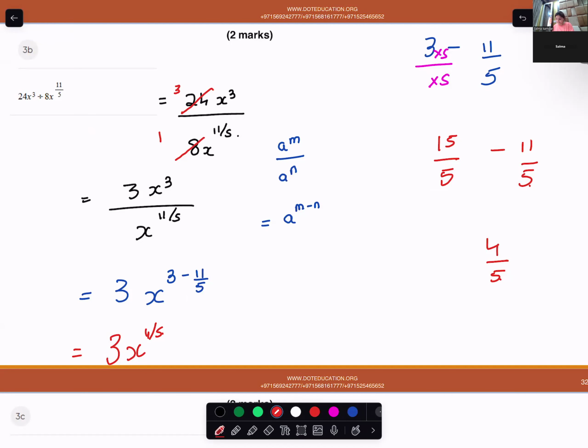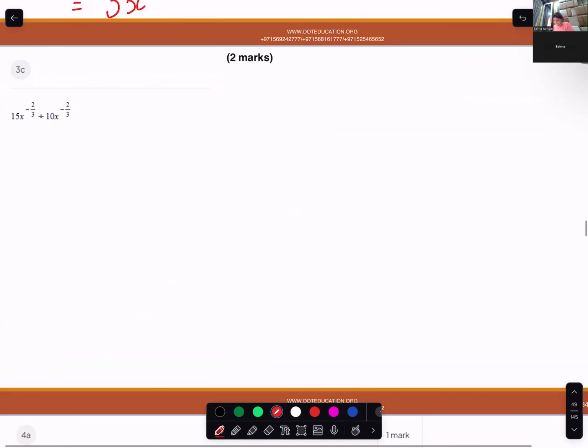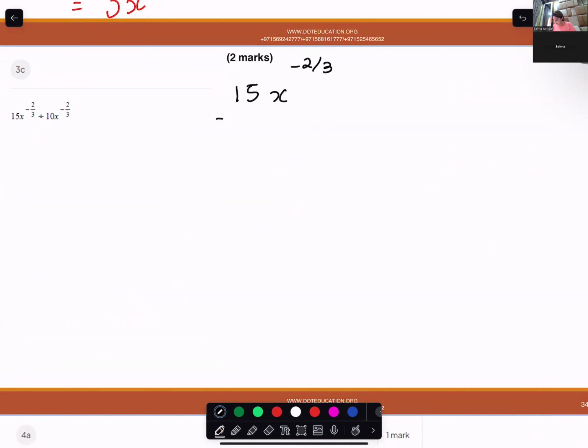Let's do the next sum. It is 15x raised to minus 2 by 3 over 10x raised to minus 2 by 3. You can do one thing over here: 5 threes are 15 and 5 twos are 10.